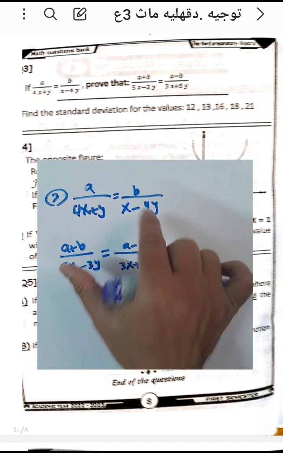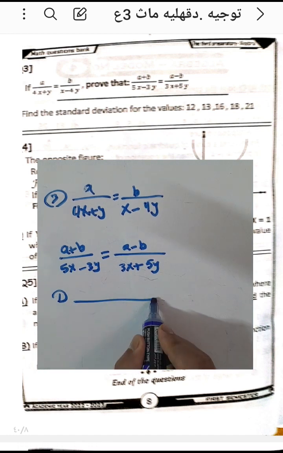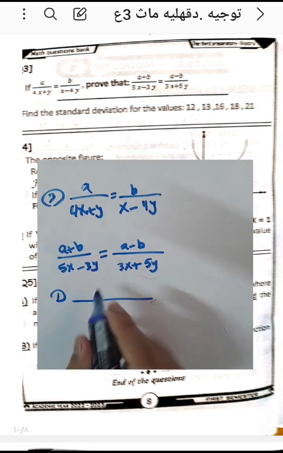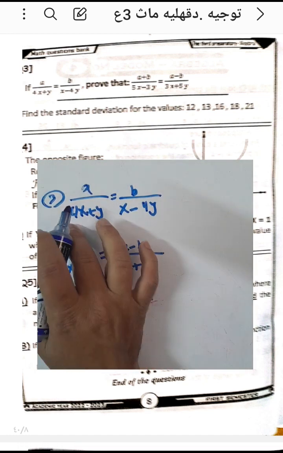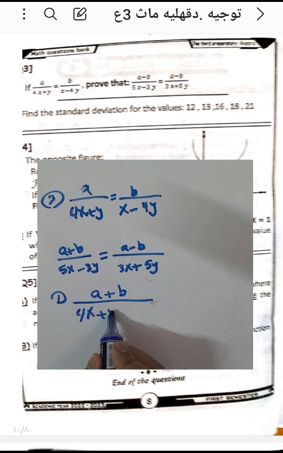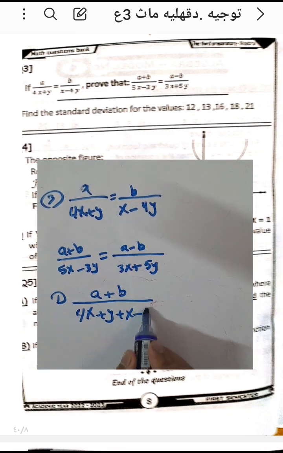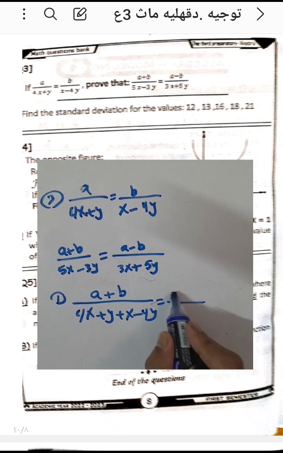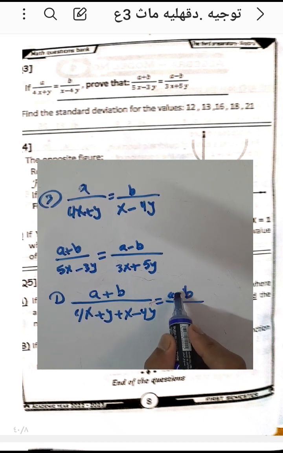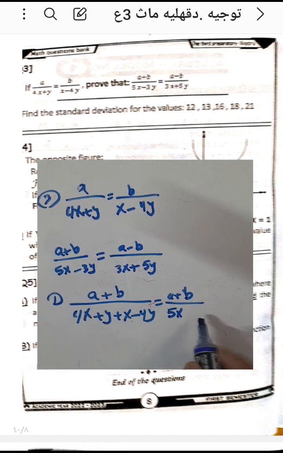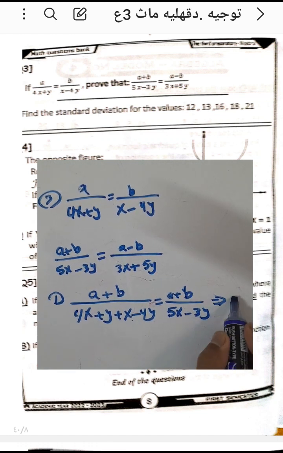The first step, we will add a plus b in the numerator, and in the denominator 4x plus y plus x minus 4y. It will be in the simplest form a plus b over, here 4x plus x will be 5x, and y minus 4y will be negative 3y. It's relation number 1.